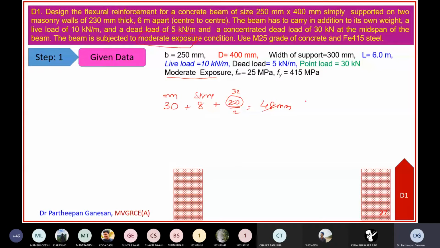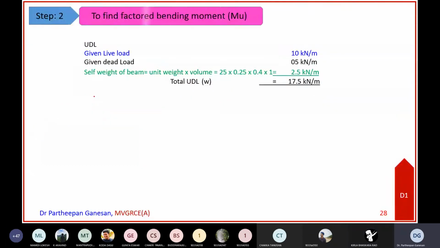But this will not make much difference to your design, because after all your design is a trial and error process, right? So if you want, you can provide 20 mm diameter bar also. For example, we got the total amount of reinforcement AST required as 1772. We got that, right? If you see here.